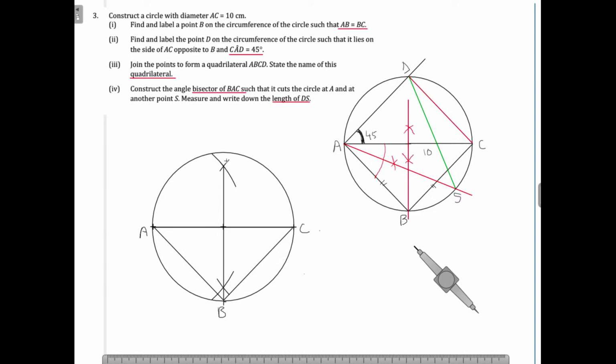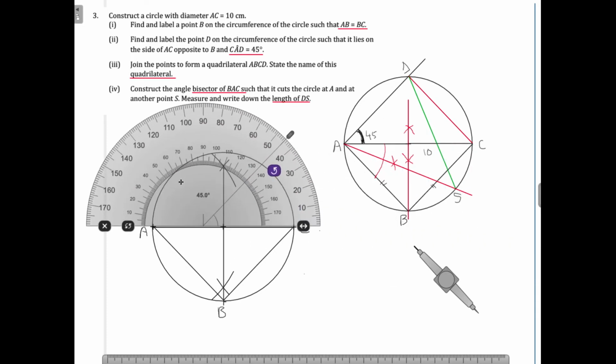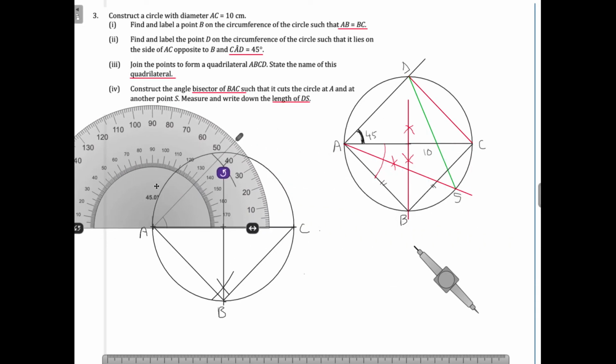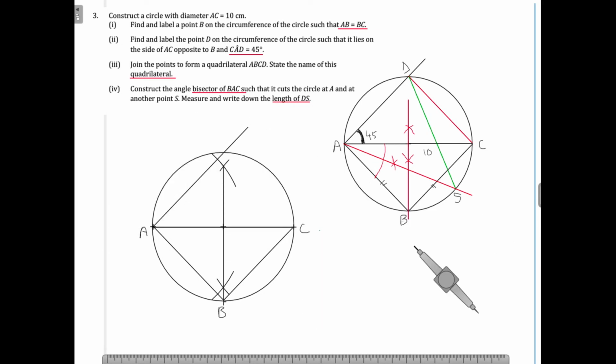Next, we are to construct the angle CAD, which is 45 degrees. Use our compass, bring it over to A. CAD, the angle is at A. Take the angle of 45 degrees from A. This is 45 degrees.